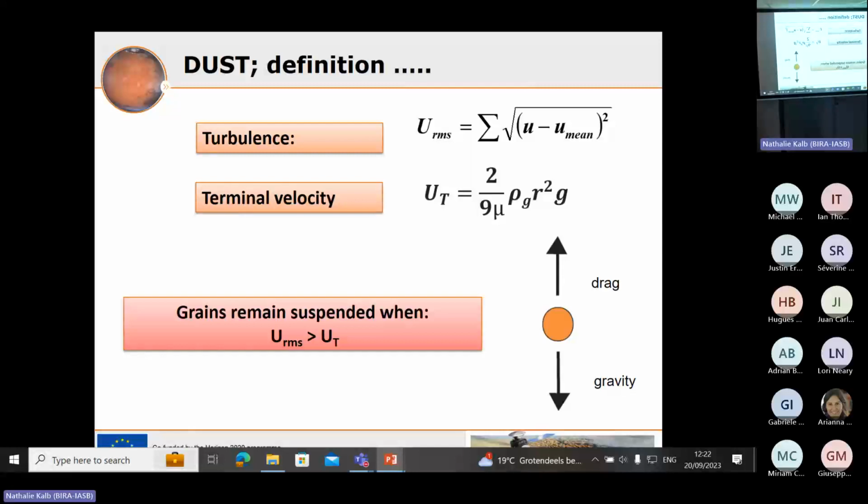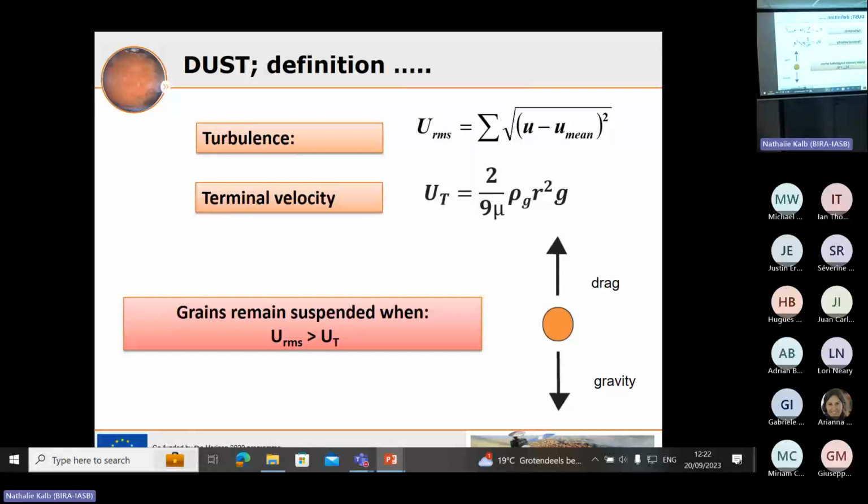So the condition in which you define whether something's suspended is that the turbulence in the flow is comparable to the terminal wind speed of the particle, which is when you're falling so fast that the drag is equal to the gravity.